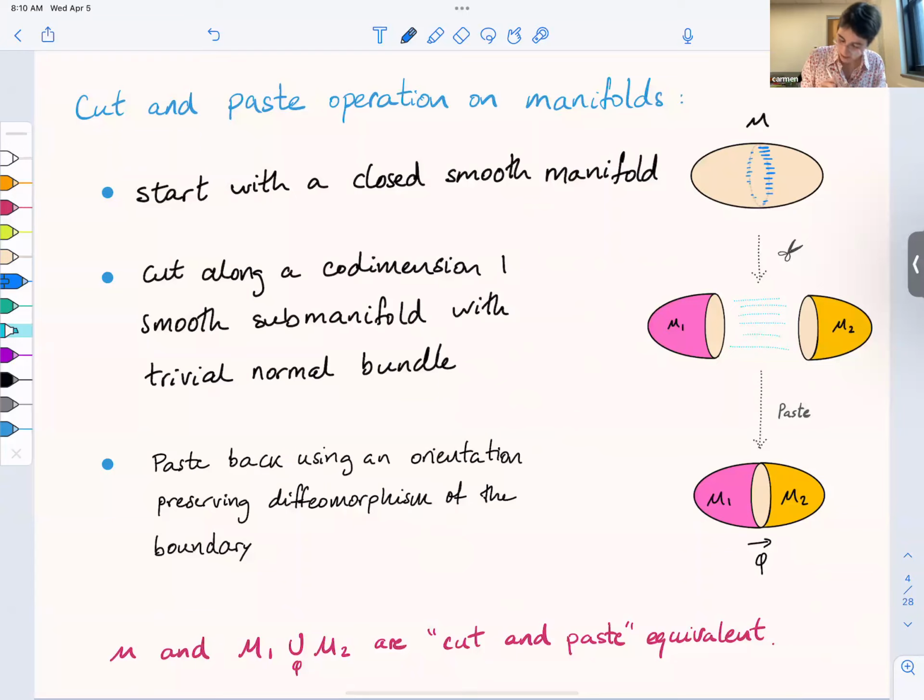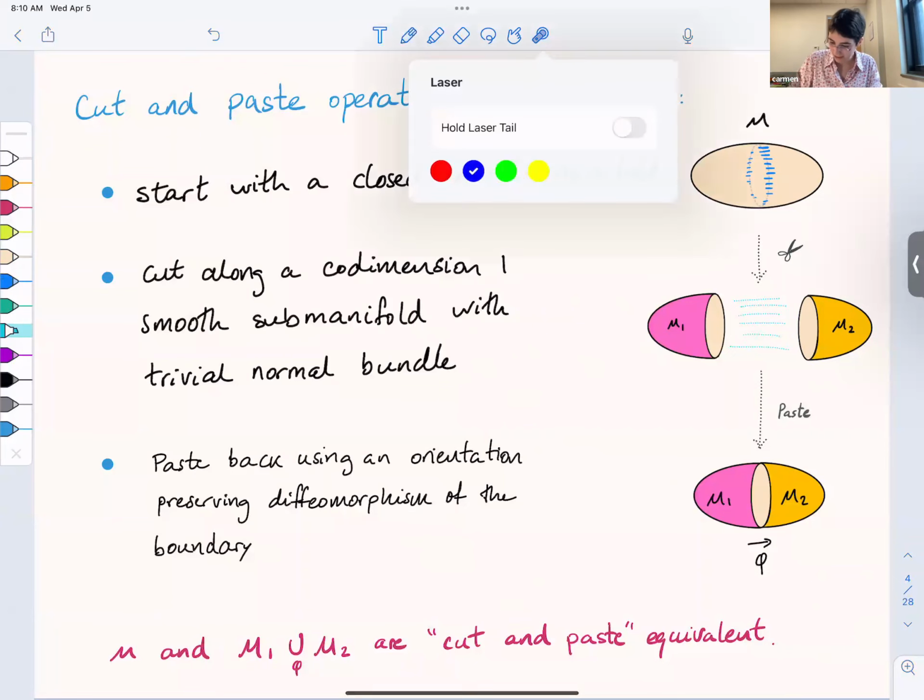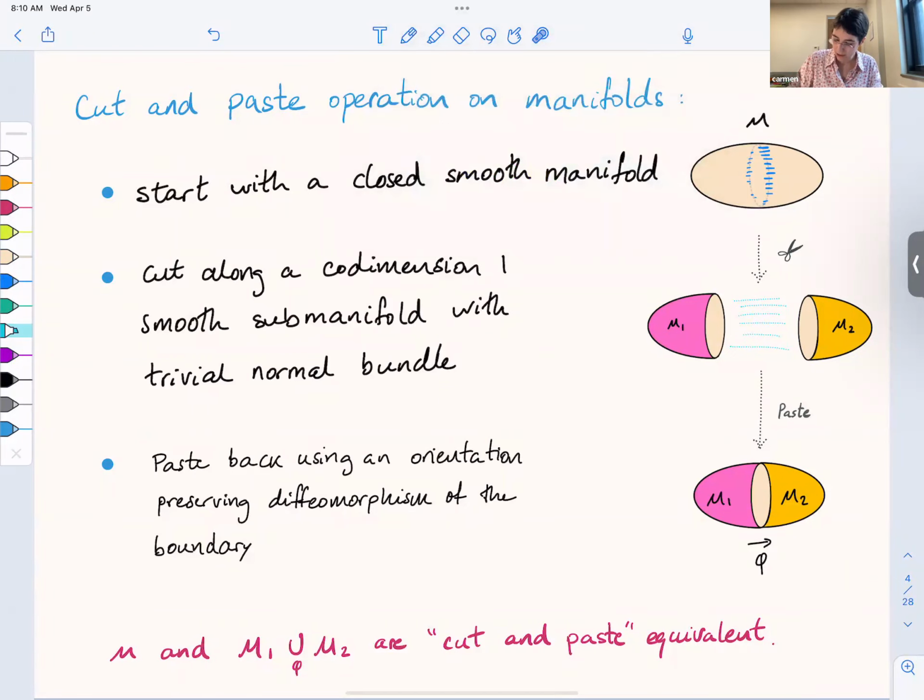That's important, because when we do the cut operation, we want to have a nice little collar around one boundary and a nice little collar around the other boundary. That's what the condition of the trivial normal bundle is for.